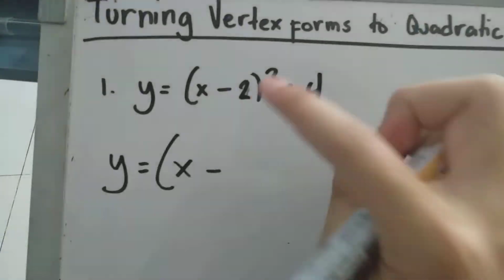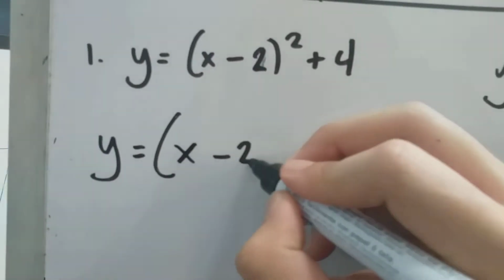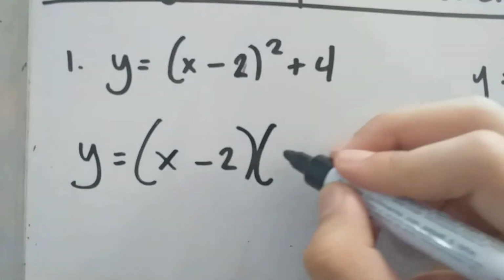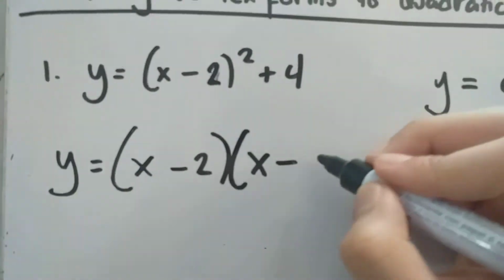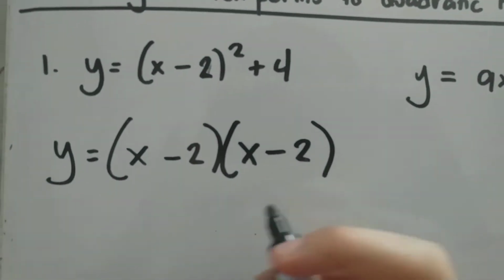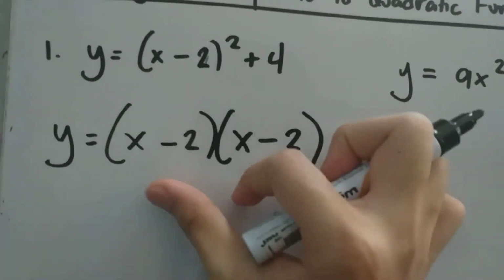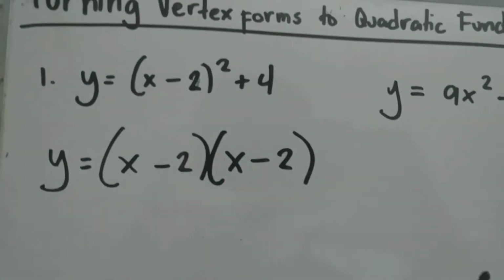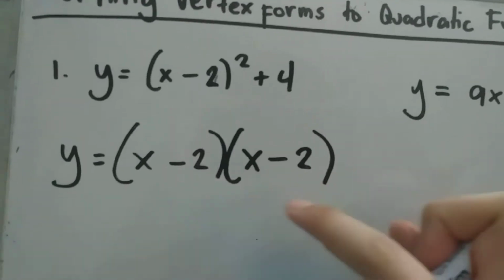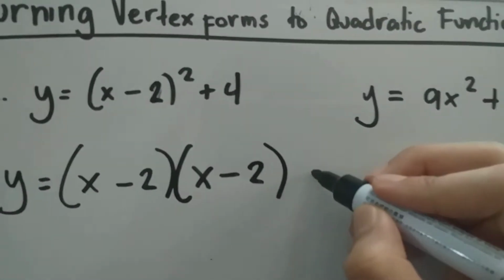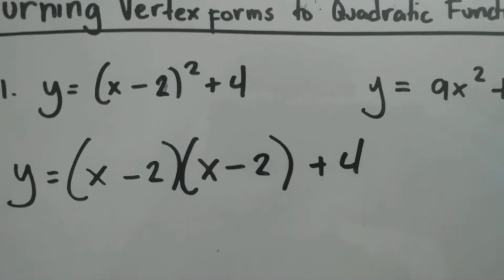So I have to FOIL the parentheses. A square of binomial actually just looks like this, expanded into two binomials. Then just put the plus 4 over here on the other side.